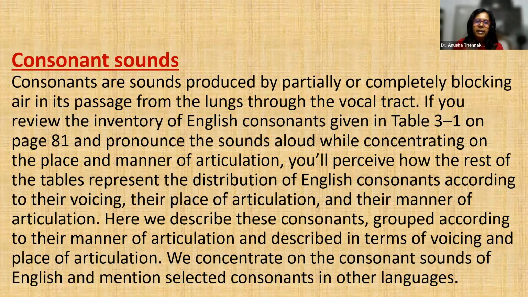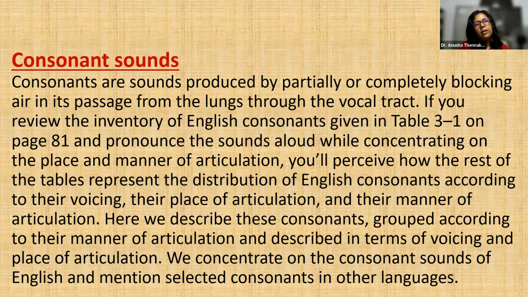So here what you need to understand is what consonant sounds are. Consonant sounds are sounds which are produced by partially or completely blocking air in its passage from the lungs through the vocal tract. So when we produce a consonant sound, there is a blocking in the air passage.